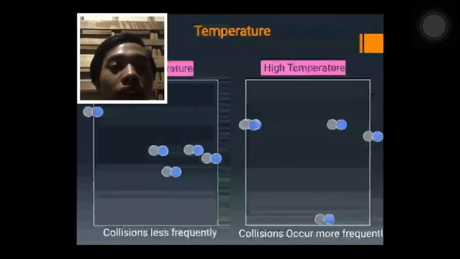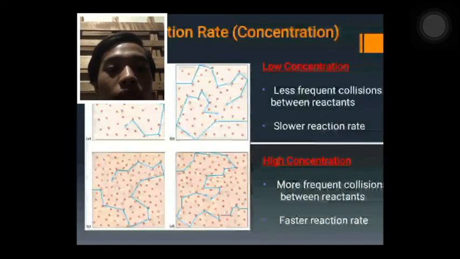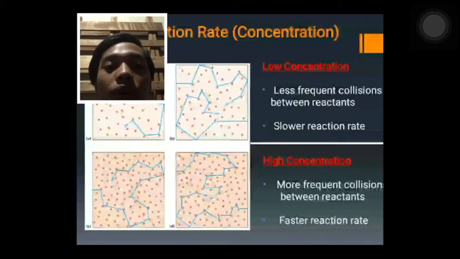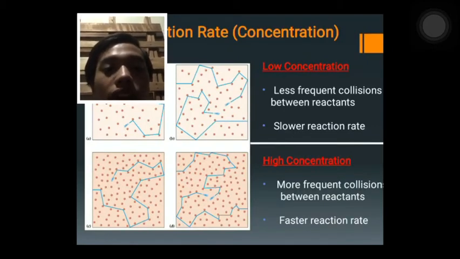So next is reaction rate for concentration. For low concentration, there are less frequent collisions between reactants, so the reaction is slower. With high concentration, there are more frequent collisions between reactants, so the reaction rate is faster.